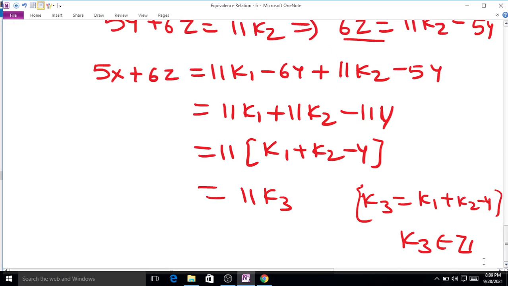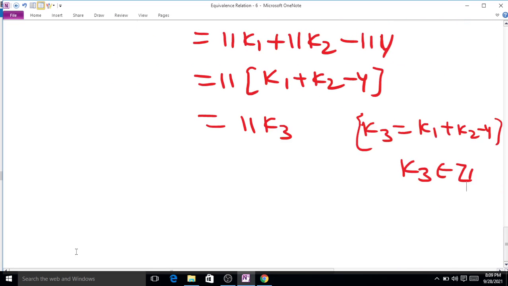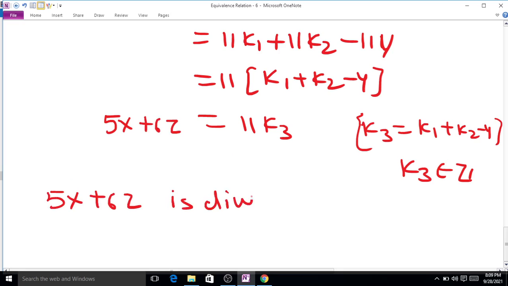This implies 5x plus 6z is a multiple of 11. This implies 5x plus 6z is divisible by 11, and therefore this implies x is related to z.